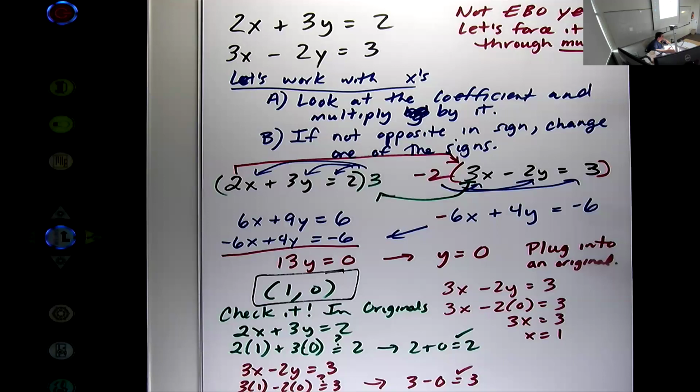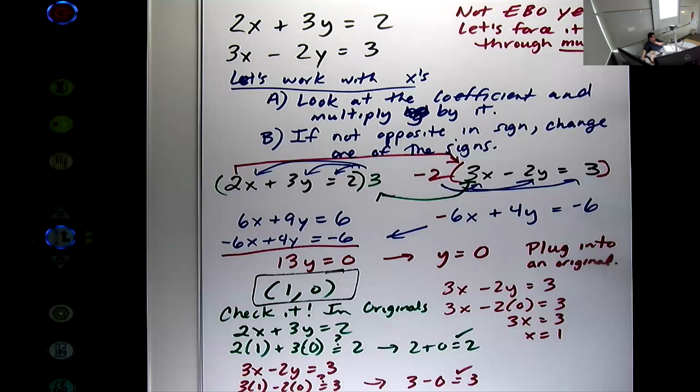Is there something similar to this with parabolas? That is called a nonlinear system of equations, and we will do that later. That is 13.4. I think we had that on our syllabus. It doesn't even necessarily need to be a parabola.